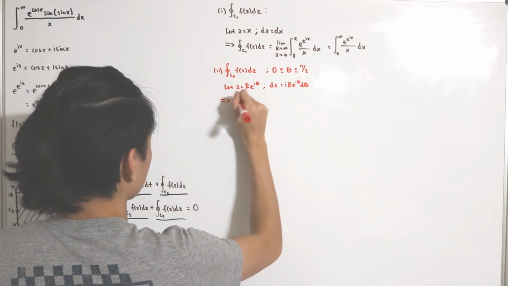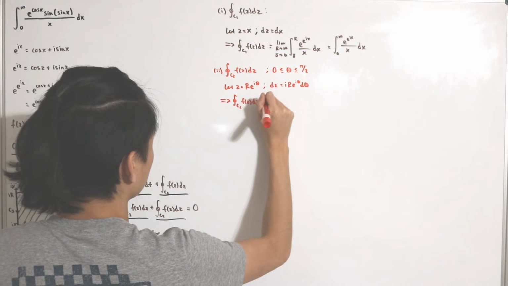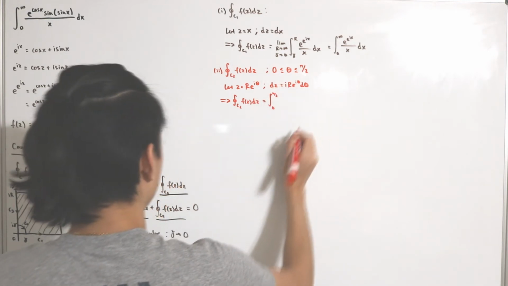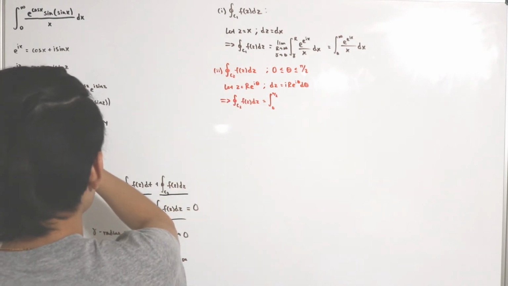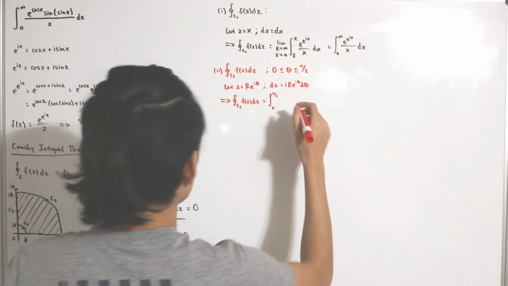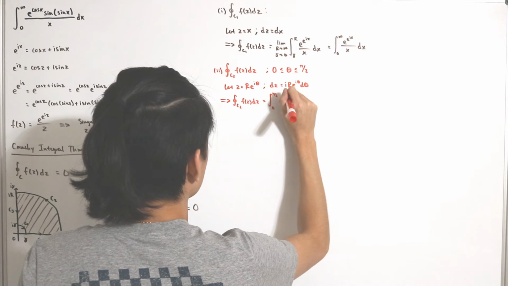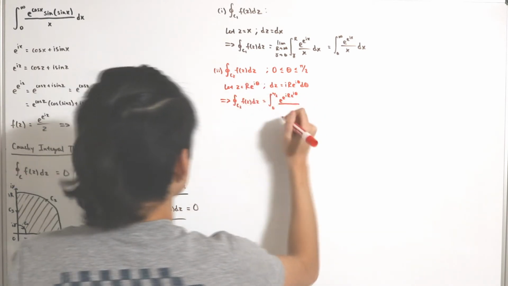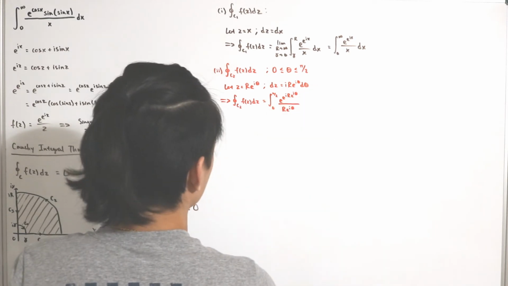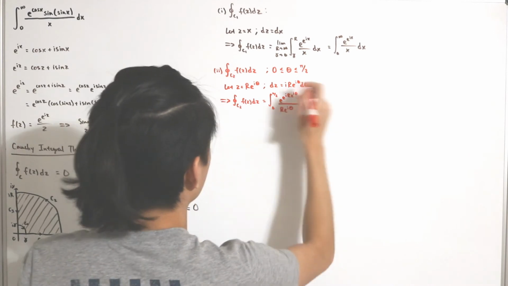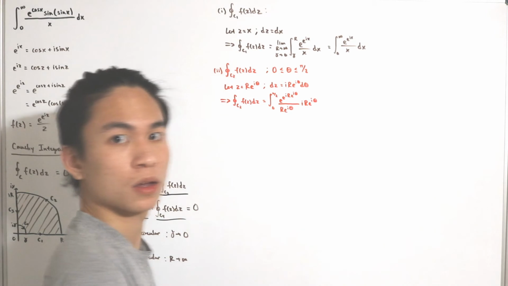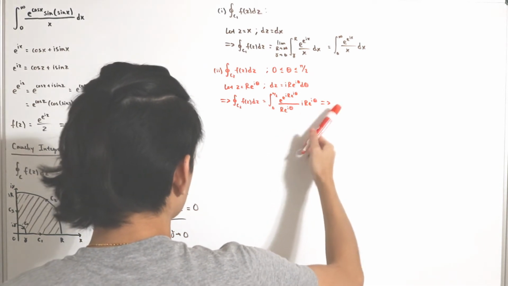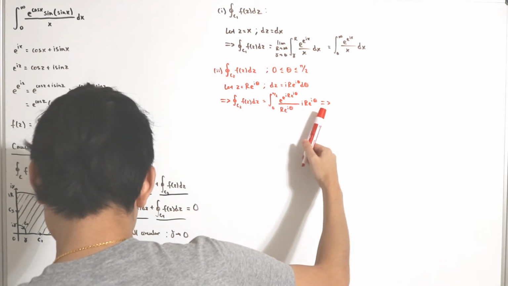So the contour integral over C2 of f of z dz is equal to, now we have our bounds, 0 to pi over 2, of f of z, which is just e to the i times R e to the i theta, and then divided by z, so substitute that, it's just R e to the i theta, and then multiply by our differential i R e to the i theta d theta. Cool. These R e to the i theta terms cancel from top and bottom, and i is the imaginary unit, so I can move that outside.